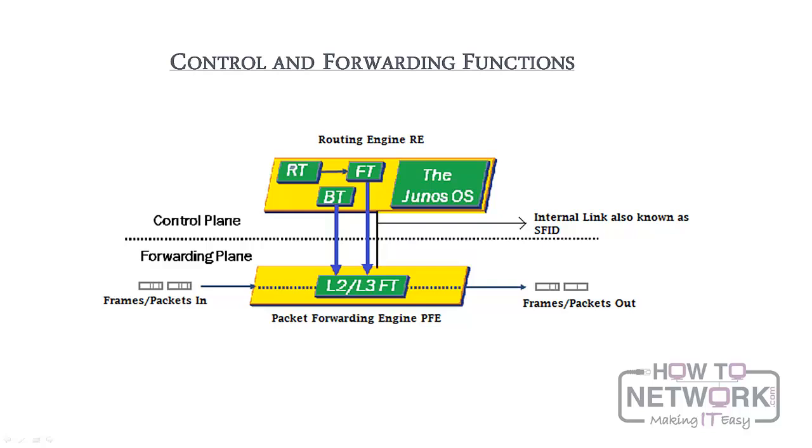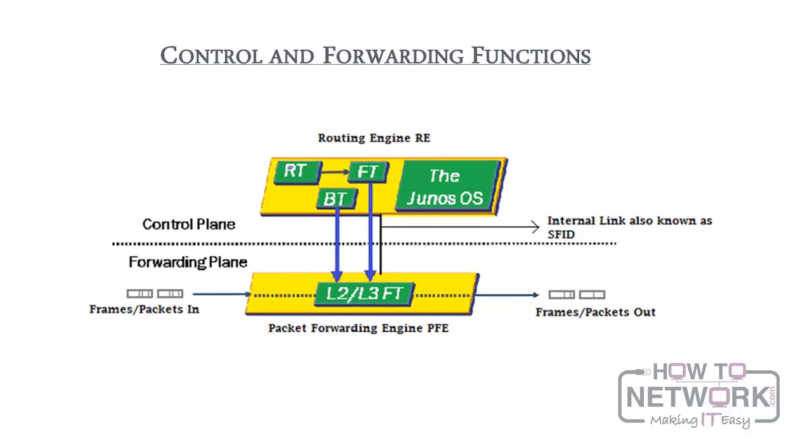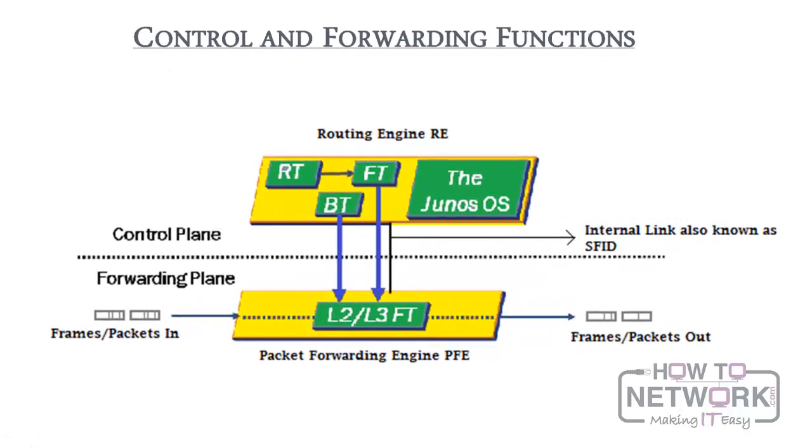Now let's talk a little bit about control and forwarding plane functions. On the basis of software or hardware design, Junos-based devices are divided into 2 logical parts: the control plane and the forwarding plane. So let's talk a little bit about the control plane. The routing engine resides in the control plane and is the brain of the device, and it is responsible for performing protocol updates and system management.